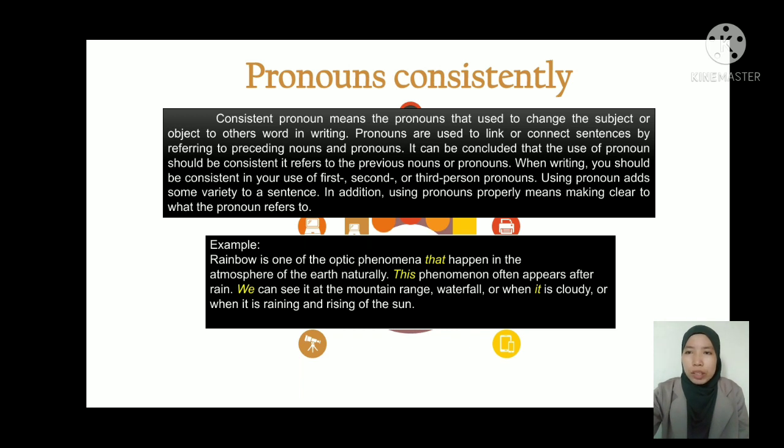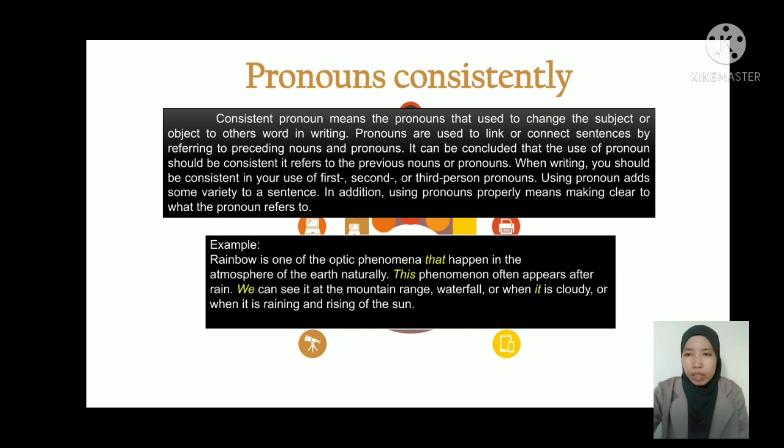When writing, you should be consistent in your use of first, second, or third person pronouns, using pronouns consistently from one sentence to the next. In addition, using pronouns properly means making clear what the pronoun refers to.